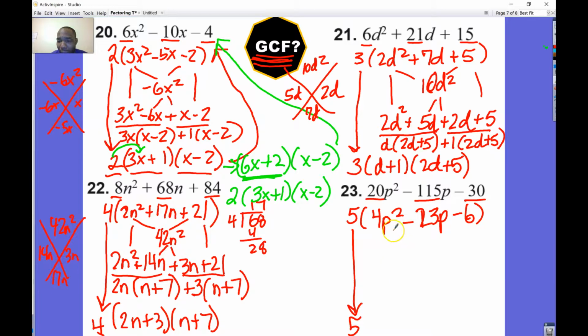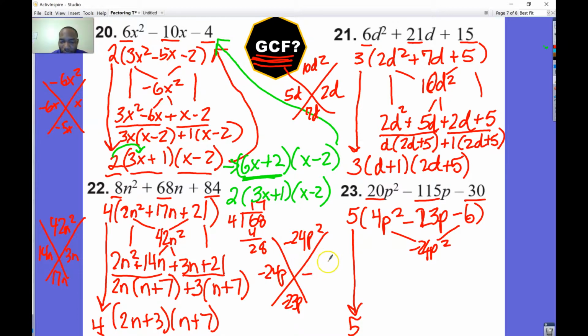Okay, so we end up with negative 24p squared. My butterfly is going to tell me negative 24p squared. And I want a negative 23p. Clearly, that has to be negative 24p and positive 1p.